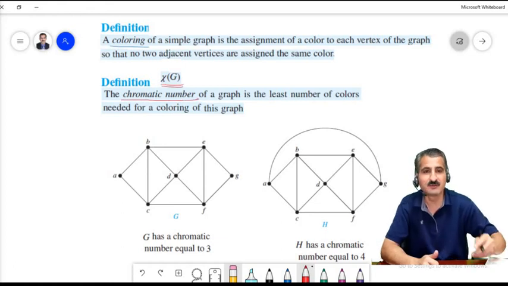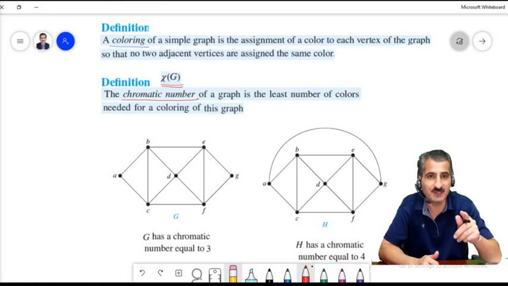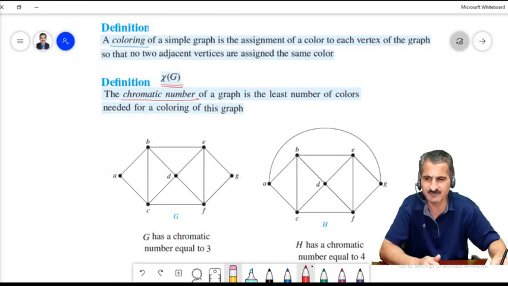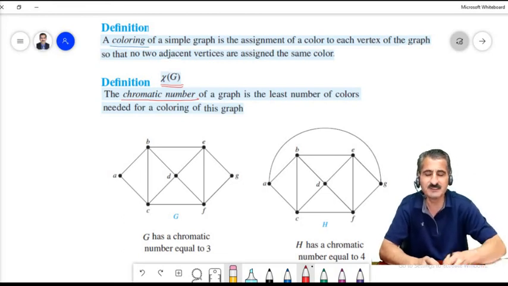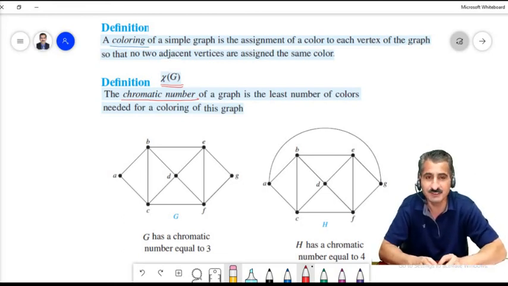So the chromatic number of a graph is the minimum, the least number of colors needed to color that graph. Again, the chromatic number of a graph, chi of G, this is read chi of G, is the least number of colors needed to color the given graph.